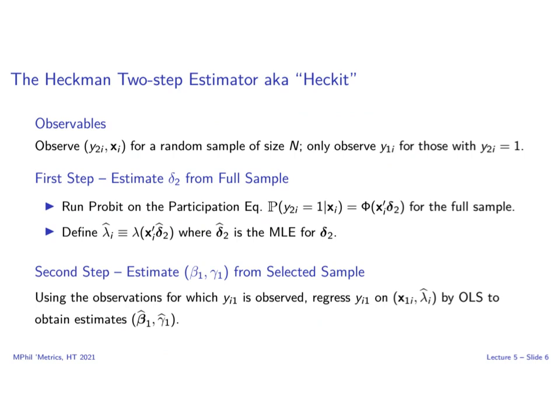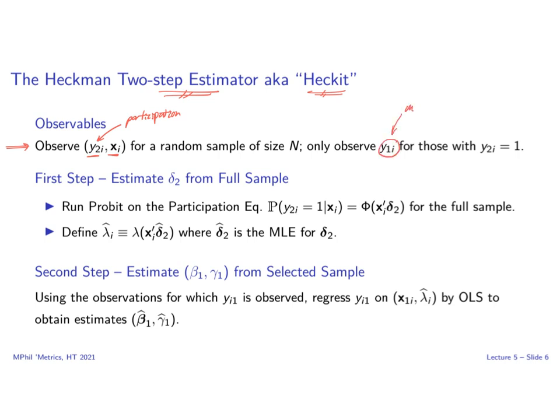The logic of the preceding slide gives rise to what is called the Heckman two-step estimator, also known as Heckit. Again, we assume that the researcher observes y2 and x, a random sample of size n from the population, but only observes y1 for people with y2 equals 1.